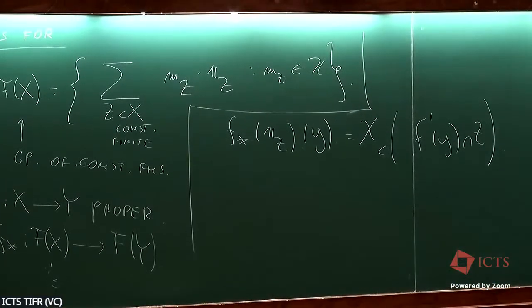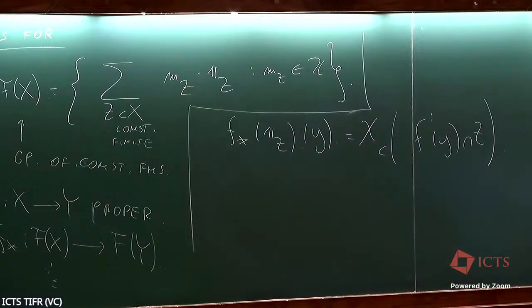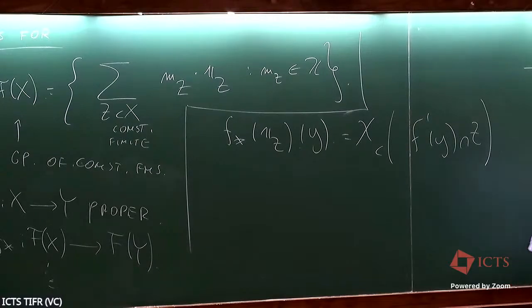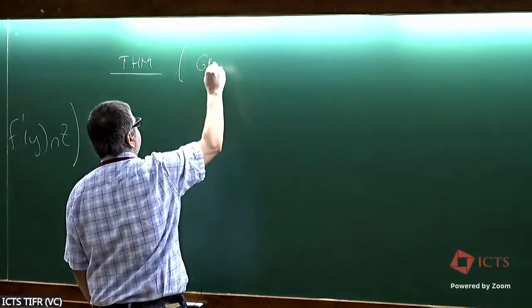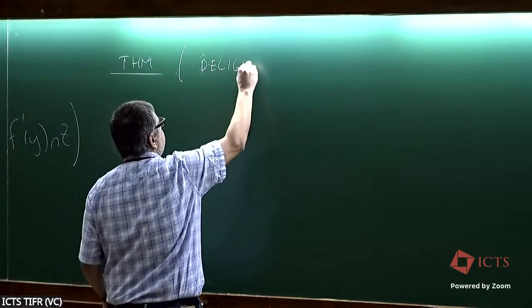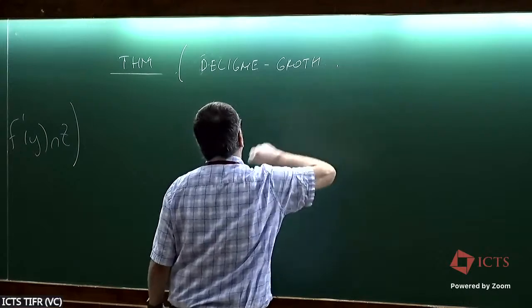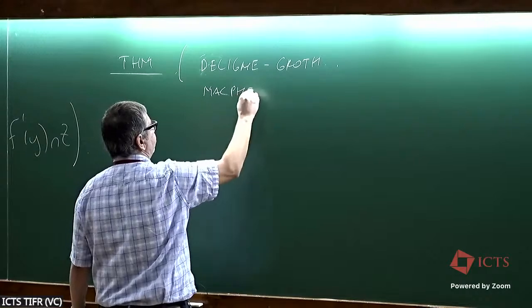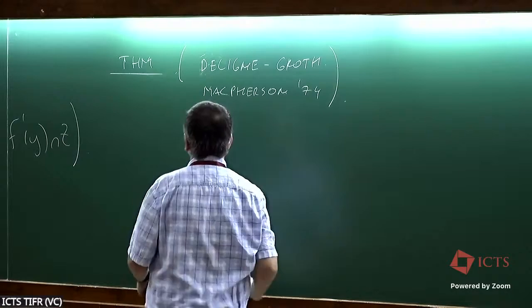So we have this definition, and then there is the following theorem. The theorem actually has a long history. It was initially a conjecture by Deligne and Grothendieck. It was proved by MacPherson in 1974. The theorem says the following.